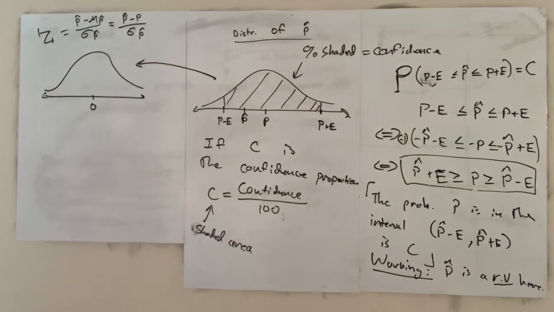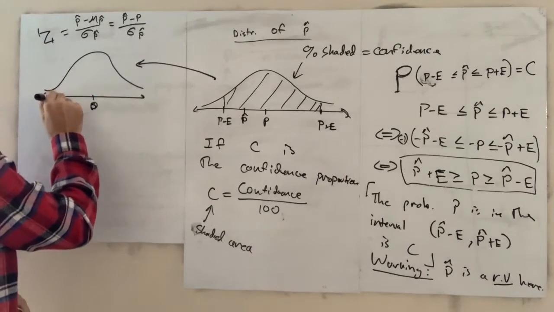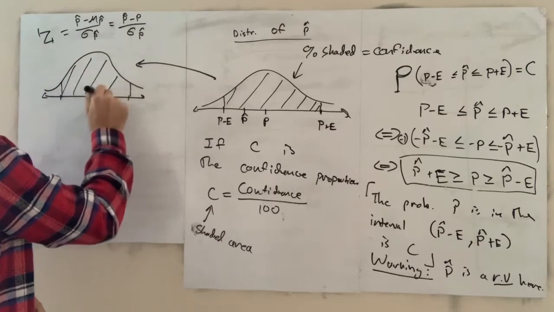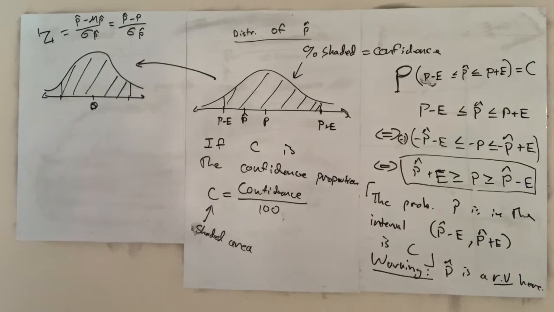The mean is p. Well, remember, this z is going to have a mean of 0, always. And what we're going to get here is we still want that same shaded region.